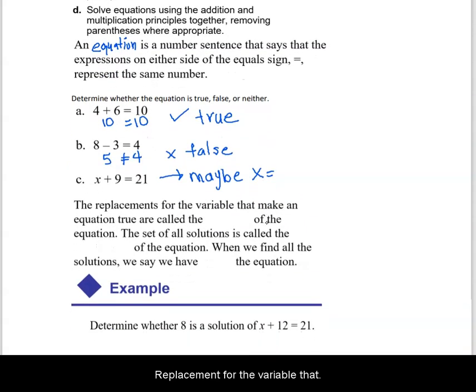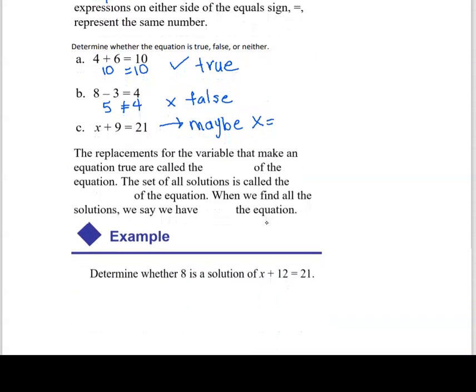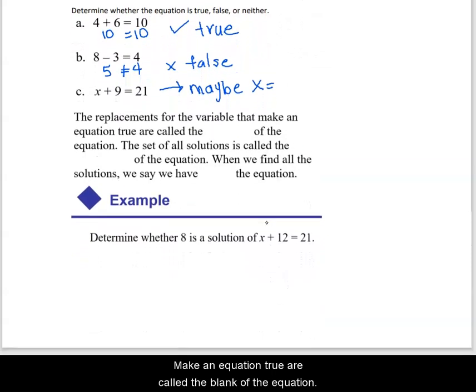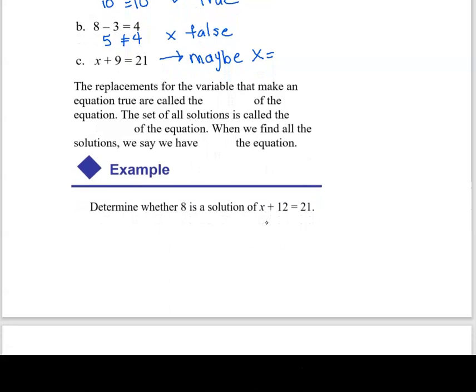The replacements for the variable that make an equation true are called the blank of the equation. Okay, so if it makes the equation true, it's going to be the solution.